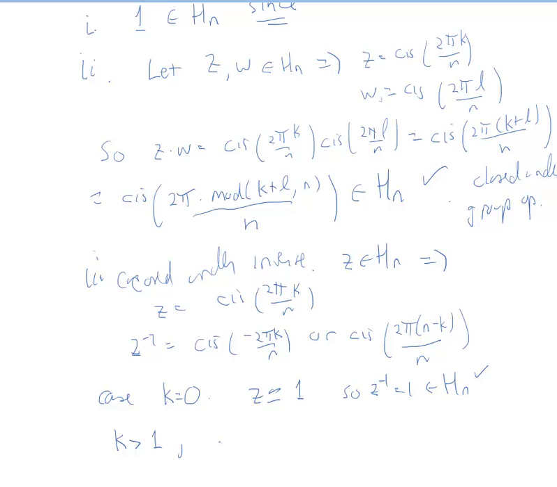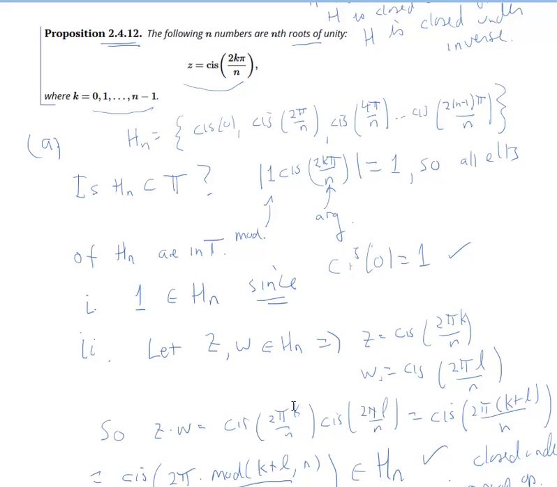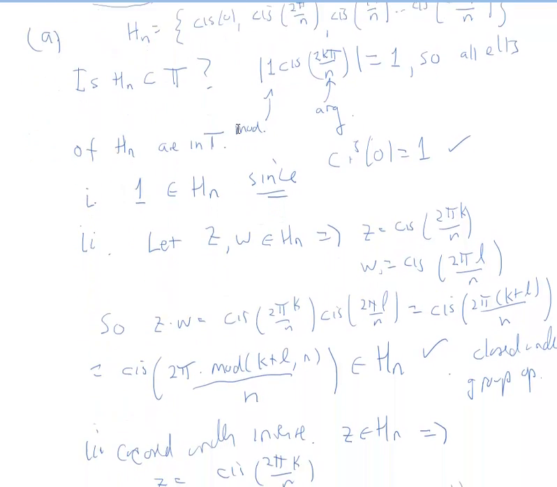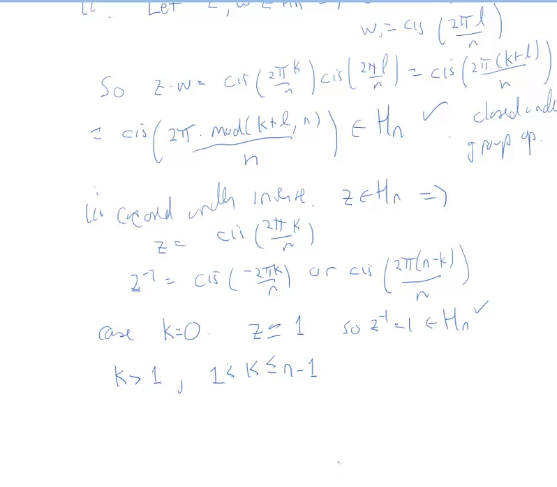We also know that k is between 1 and n minus 1 by the description up here of the elements of Hn. The elements of Hn have k from 0 to n minus 1.